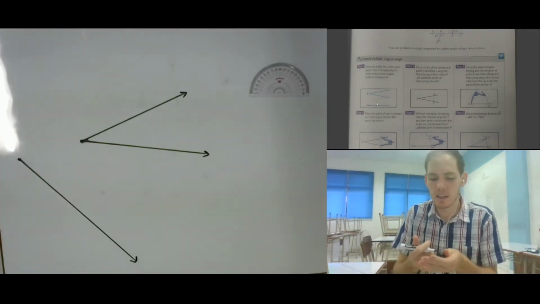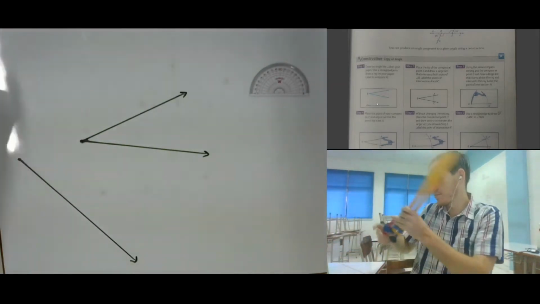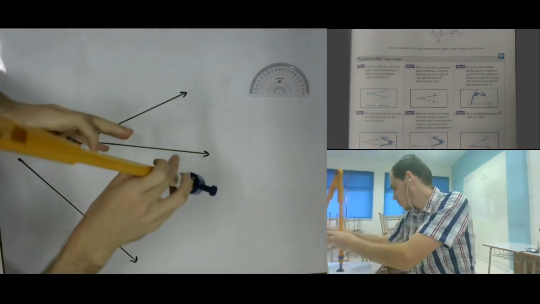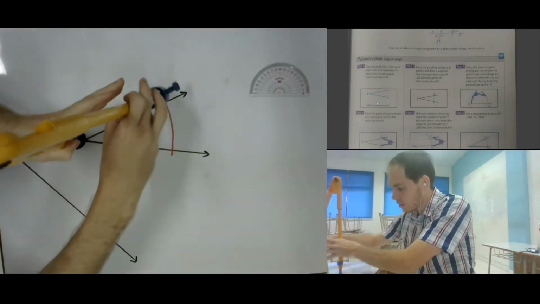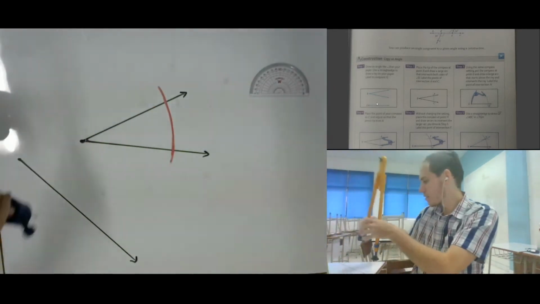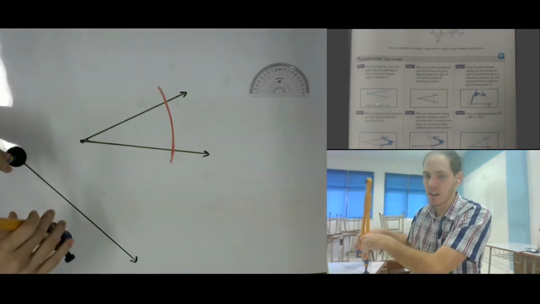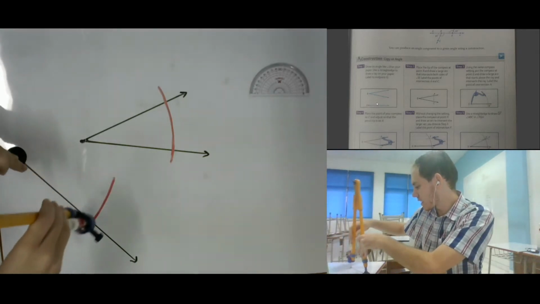Then we're going to take a compass, our beautiful compass, and we basically take any length along the first angle. We do the same thing for the second angle.